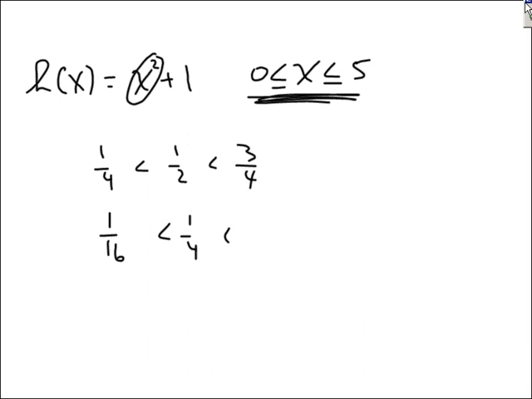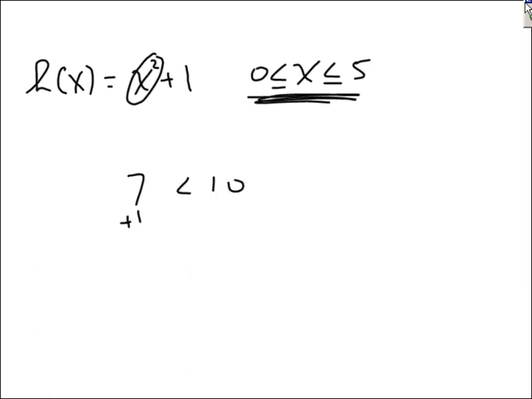When you square larger numbers, you get larger answers. And if you add 1 to each of two numbers where one is smaller than the other, the smaller number plus 1 will be smaller than the larger number plus 1. That is, if 7 is less than 10, if I add 1 to both sides, then 8 is less than 11. That will always be true.